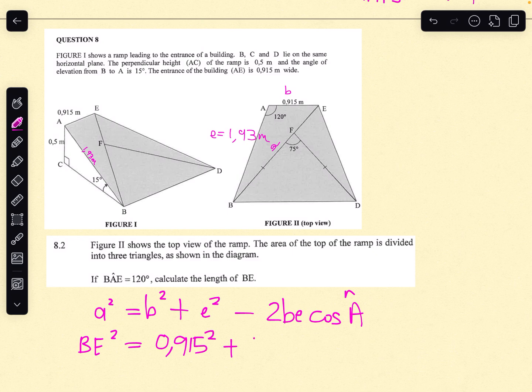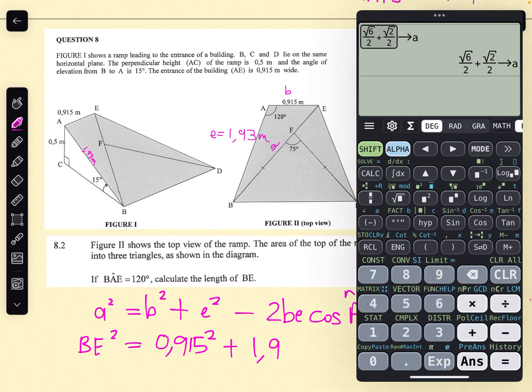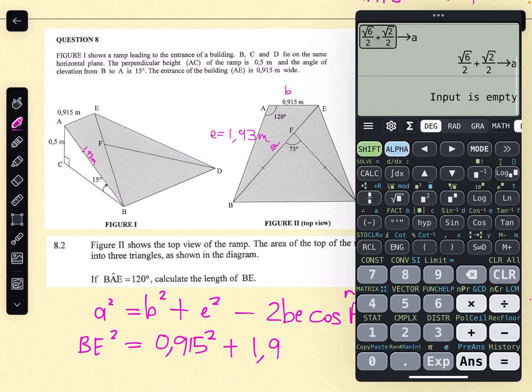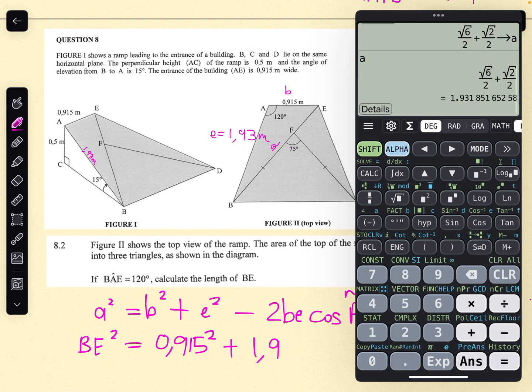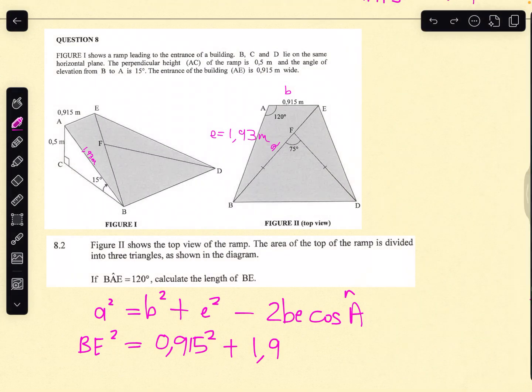That answer that we got was actually 1.9 what? Let me just check. 1.93 blah blah blah. I just wanted to remember if we had rounded it off or not.